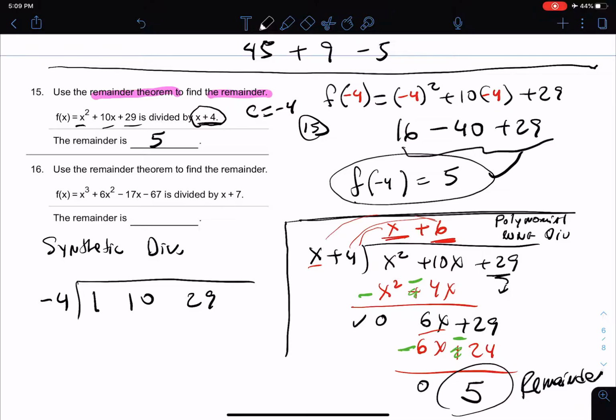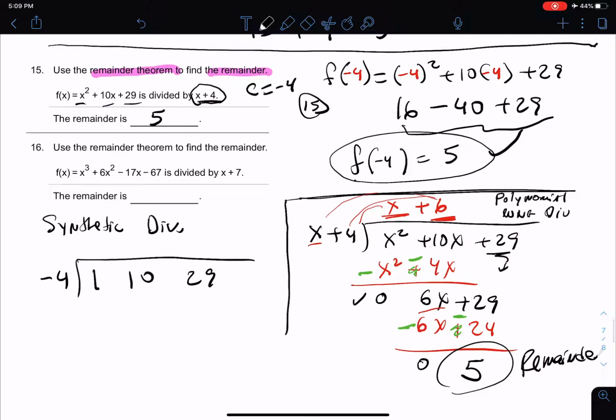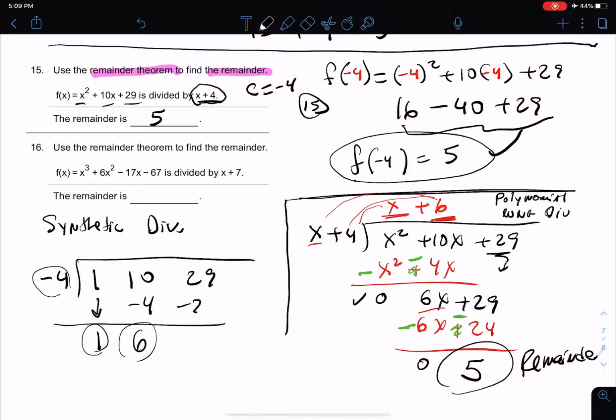You can see my long division on the right. So how do you do this? Bring down the 1. Then 1 times negative 4 is negative 4. Add them up is 6. Multiply 6 times negative 4 is negative 24. Add them up and you get your remainder of 5. Yikes, that was fast, right?